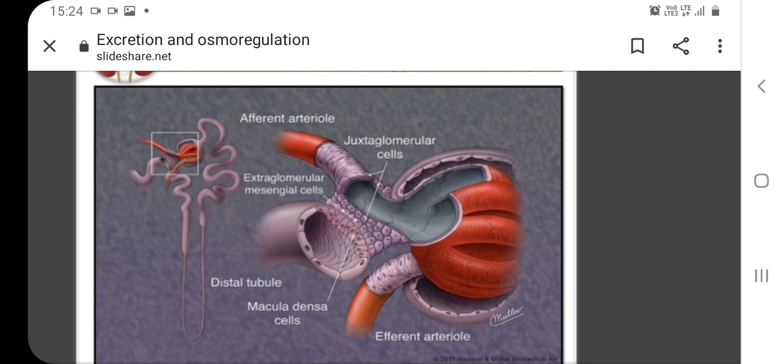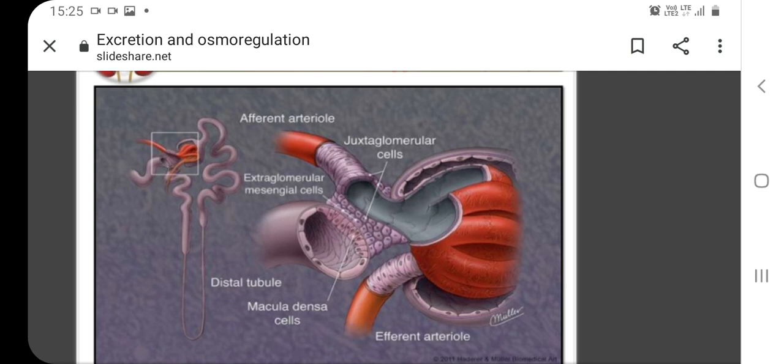Together, macula densa and juxtaglomerular cells form a juxtaglomerular complex, designated as JGC, juxtaglomerular complex.